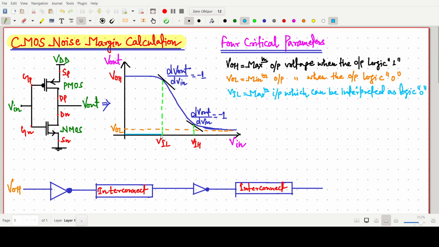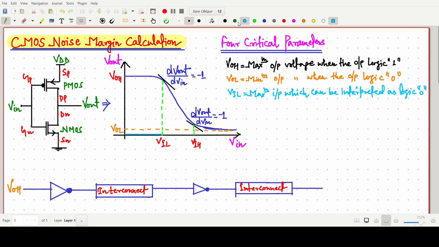Up to this VIL is the maximum input which can be interpreted as logic 0. Before that, it will give a lower value in which the output is high.